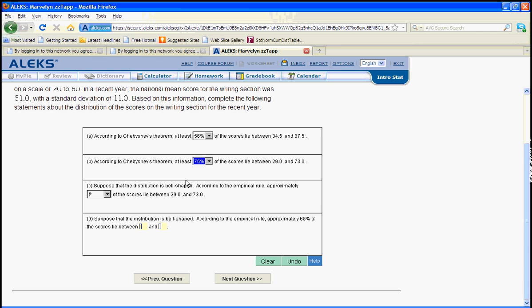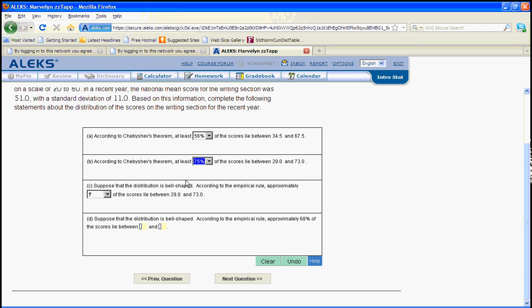Okay, so that takes care of how to use Chebyshev's theorem, at least on A and B. So you're figuring out how far away you are from the mean in terms of standard deviation. You should get a pretty low number, like 1.5 or 1.25 or 2.1 or something like that. Then you take that number, plug it into Chebyshev's, and you should get a percentage that's on that drop-down menu.